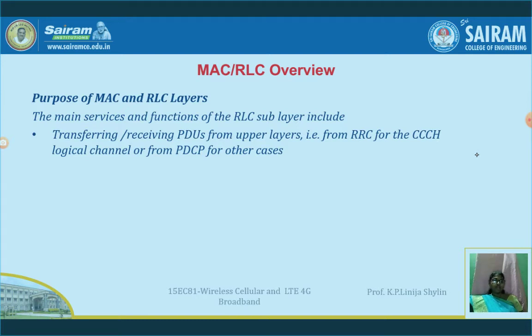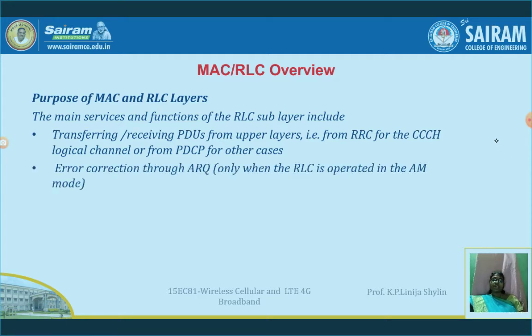We have discussed this at the start of this topic. This transfer and receiving happens from the RRC, for logical channels such as the common control channel, or from the PDCP. What do we mean by PDCP? Packet data convergence protocol. That is the first service.